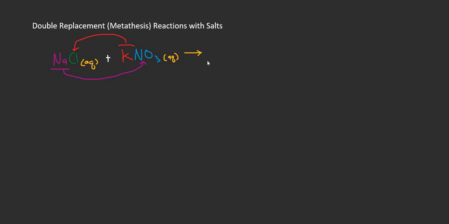So we'll have NaNO3 plus KCl. So all we've done is swap the Na and the K. They've traded places. So now the Na is bonded to the NO3 and the K is bonded to the Cl.